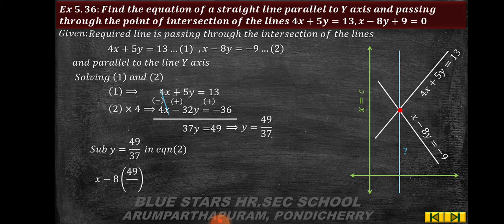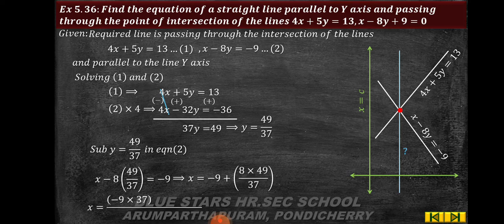Substitute y = 49/37 in equation 2. So equation 2 is x - 8y = -9. x - 8 into 49/37 = -9, which implies x = -9 + 8 into 49/37, taking it to the right hand side.